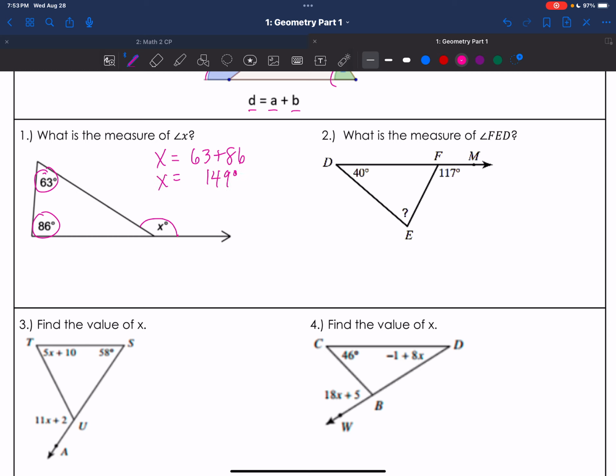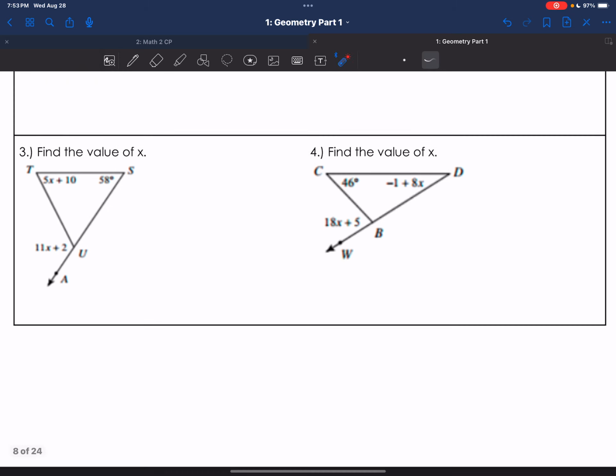So I want you to go ahead, you're going to try this one. All right, same process, but they just twisted it for you. This is still your exterior angle here, so it's 11x plus 2, and that's going to be equal to this guy plus this guy.